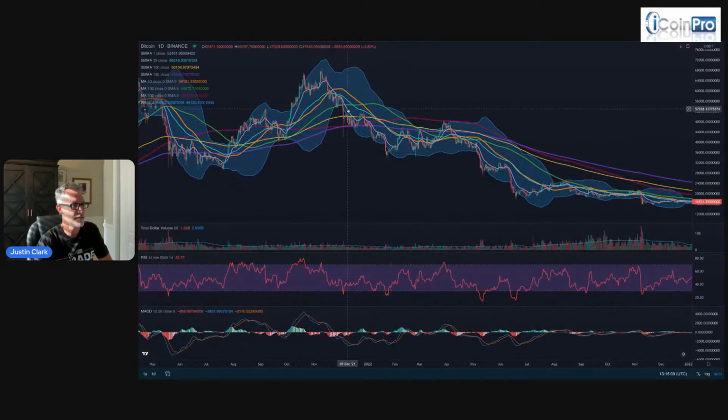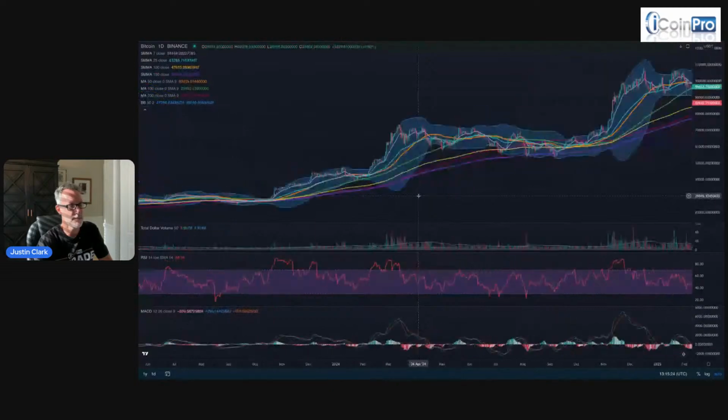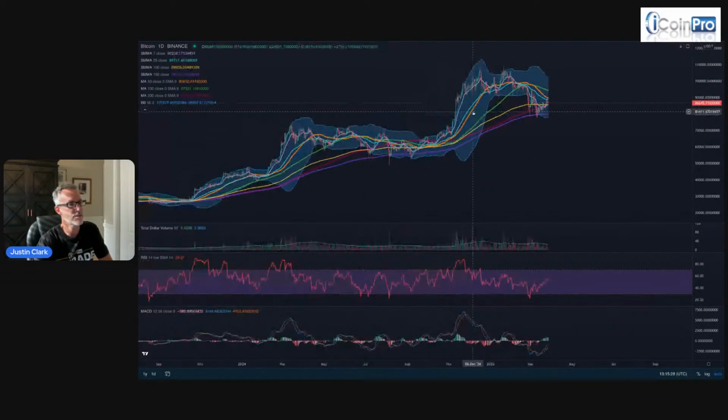You can see it here, once we got below them and broke down, it continued on the trend until it went to the bottom and went into a bear market. So I'm not sure.